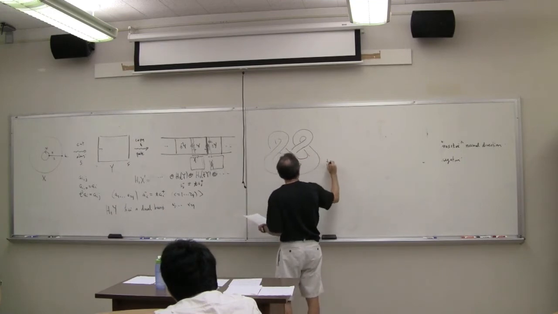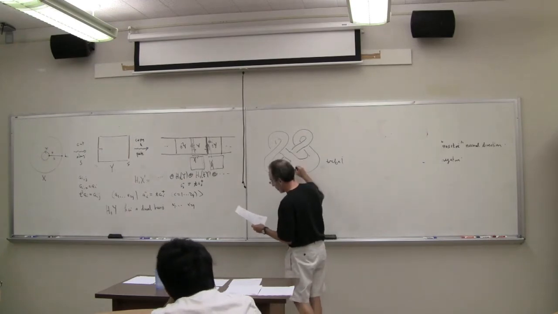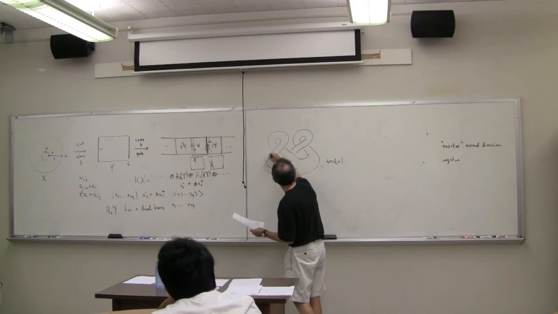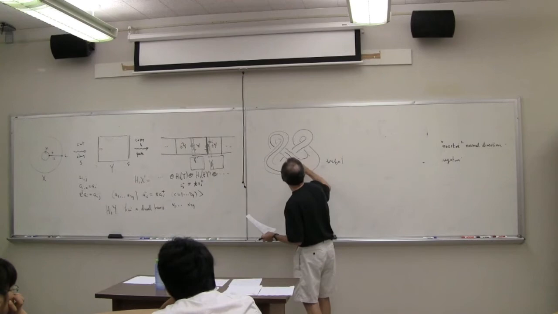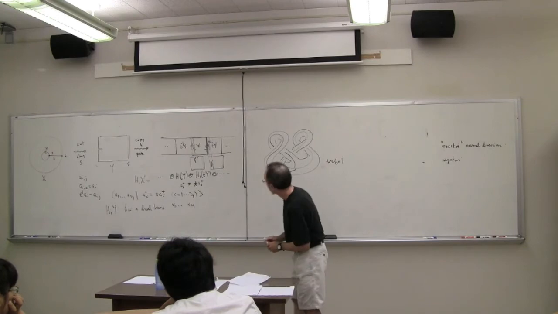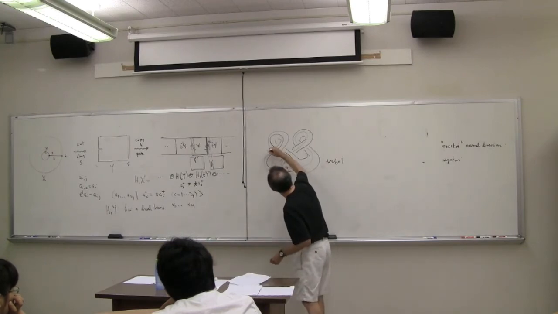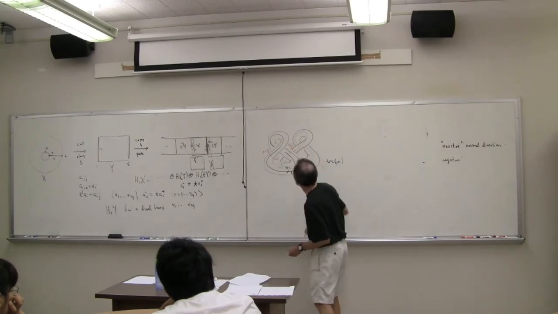This is actually a trefoil, and we take a base point here, and if this is A1, and this is A2, then alpha 1 is here, and alpha 2 is here.